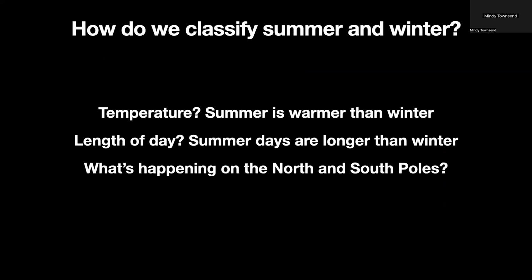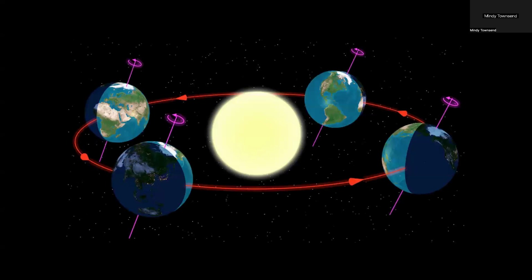We can also think about what is actually happening at the North and South poles. And examining what's happening at the North and South poles is actually really informative. So let's take a look at this diagram of the Earth at different locations in its orbit. They represent the seasons, summer, fall, winter, and spring.